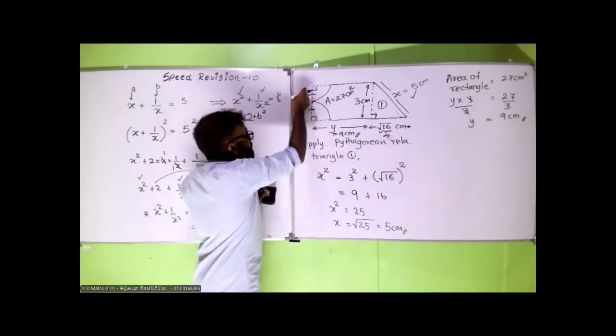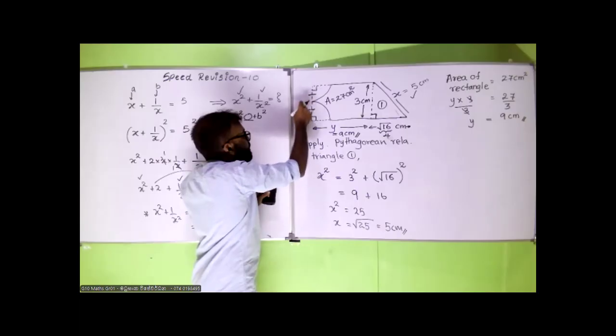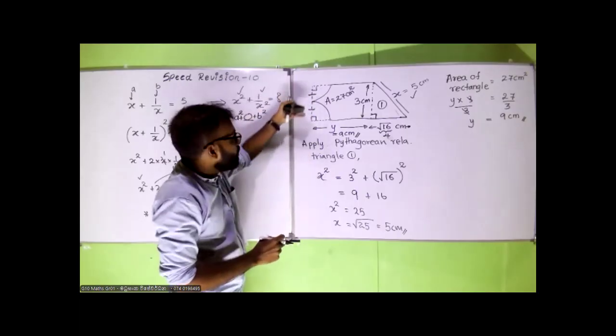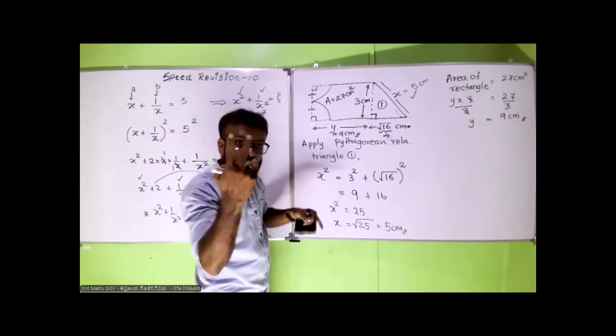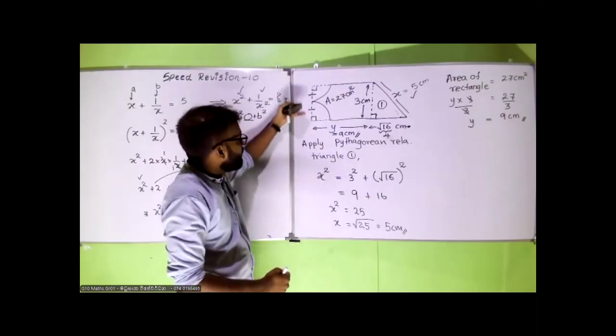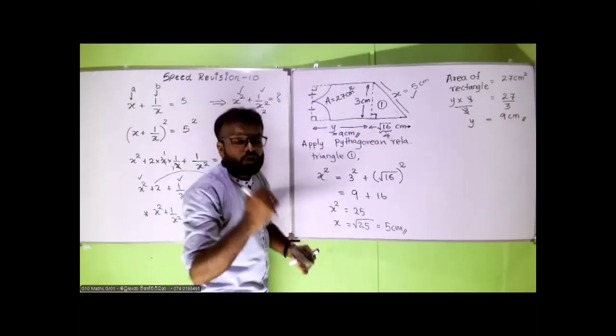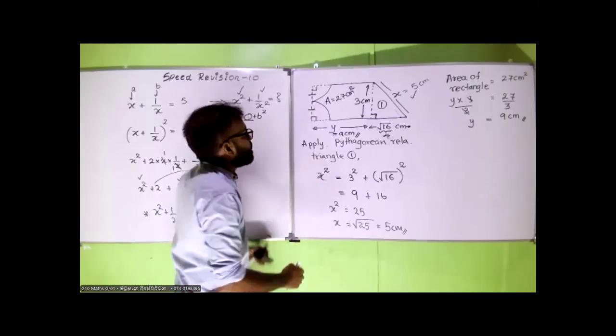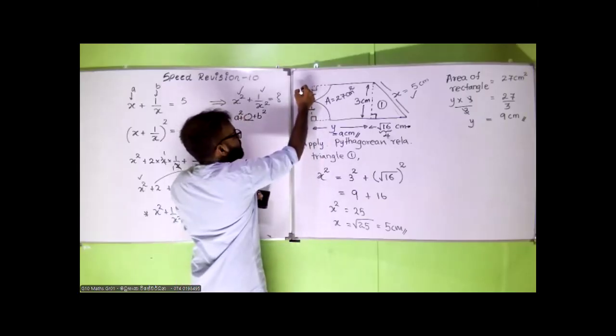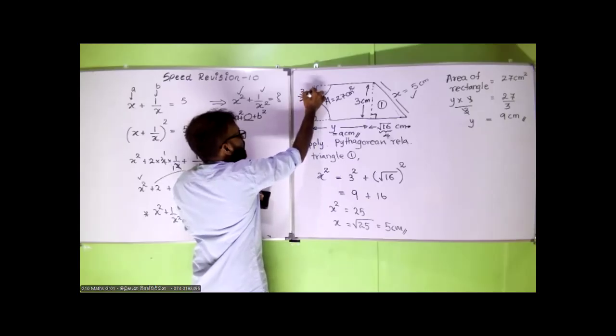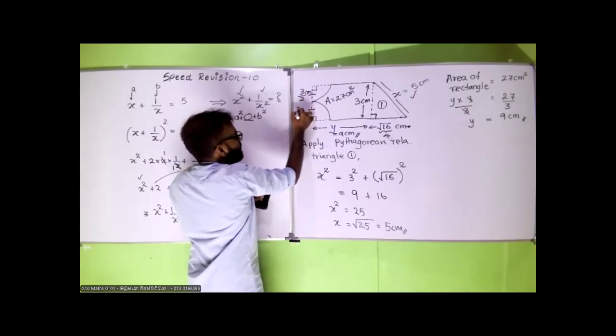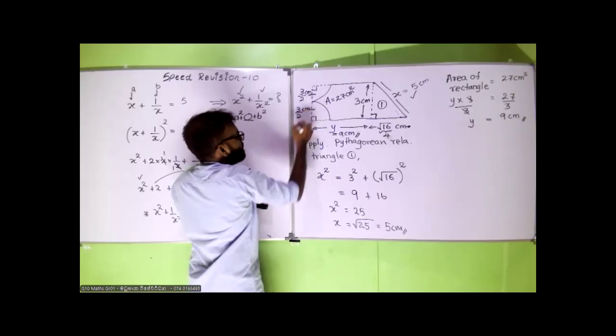So this part equals this part, which means this total breadth has been divided into 2 equal parts. Correct? Right. So that means this equals 3 divided by 2 centimeters, and this part equals 3 divided by 2 centimeters.